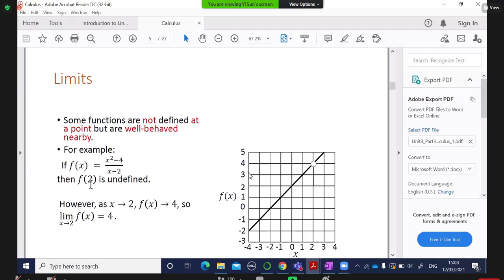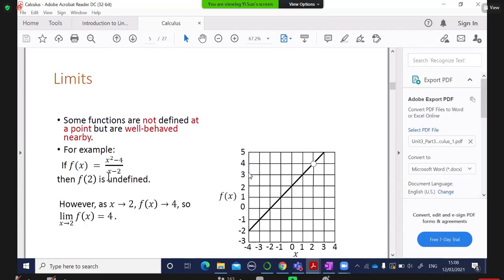When x equals 2, the function is undefined. Why? Because when x equals 2, the denominator is equal to 0. When something is divided by 0, it is called undefined, not equal to 0. It is undefined.